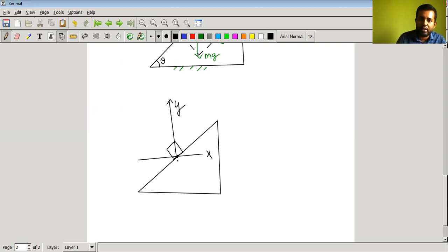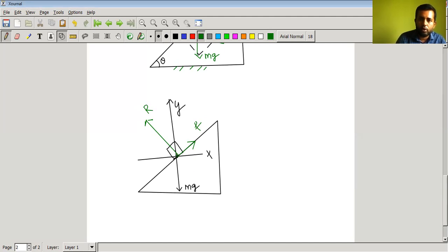Again we all know that if I extend this y, this y will be perpendicular to the ground, right? So mg is acting in this direction, we know that. Now friction is acting in this direction, and we know that the normal force acts perpendicular to the surface. So this is the normal force R, right?